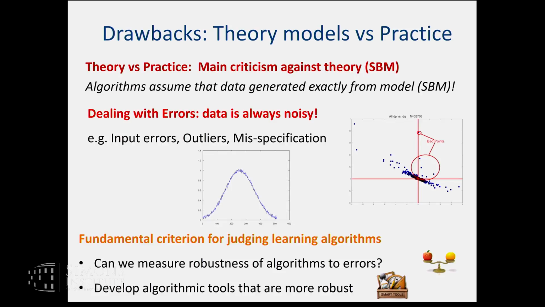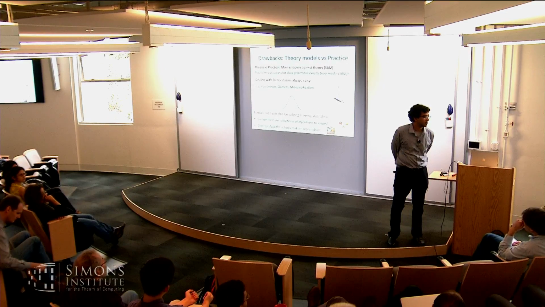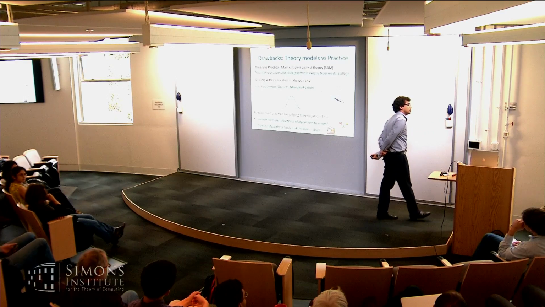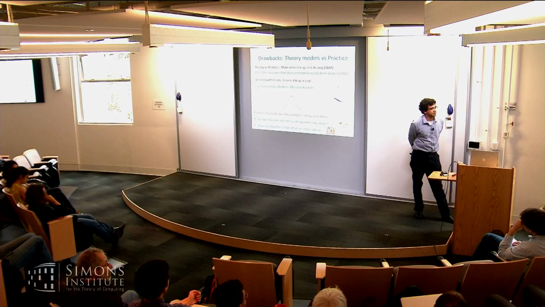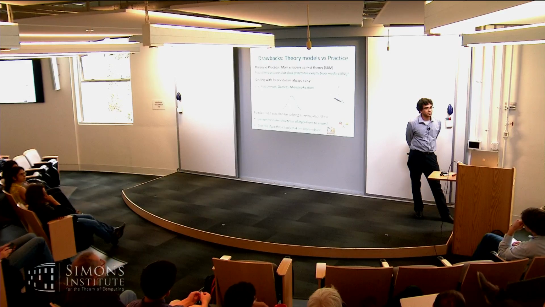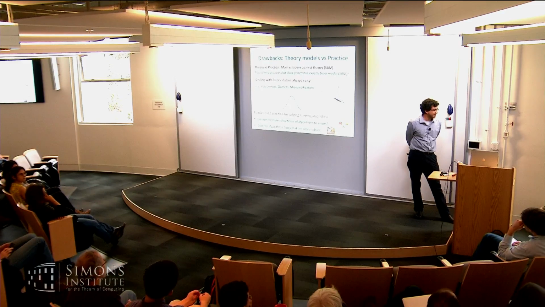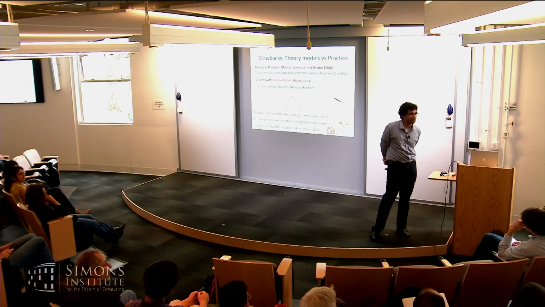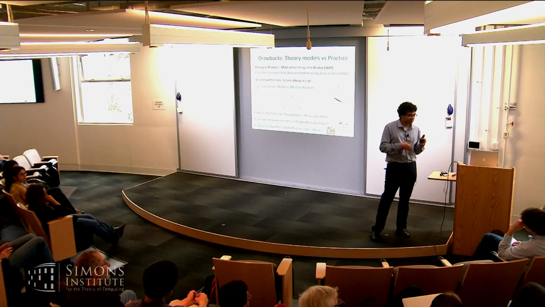Yes? Has anybody done an empirical study of SBM type models? Because they make a specific prediction, right? Where the edges will be. Like predictive, yeah. So have people done that study, and what do they find? Is SBM at all a reasonable model for social networks or anything? Yeah, actually, I don't know. I think people agree that it's not a good model for social network graphs, because in social network graphs you see things like a lot of triangles, large cliques, dense subgraphs, and so on.